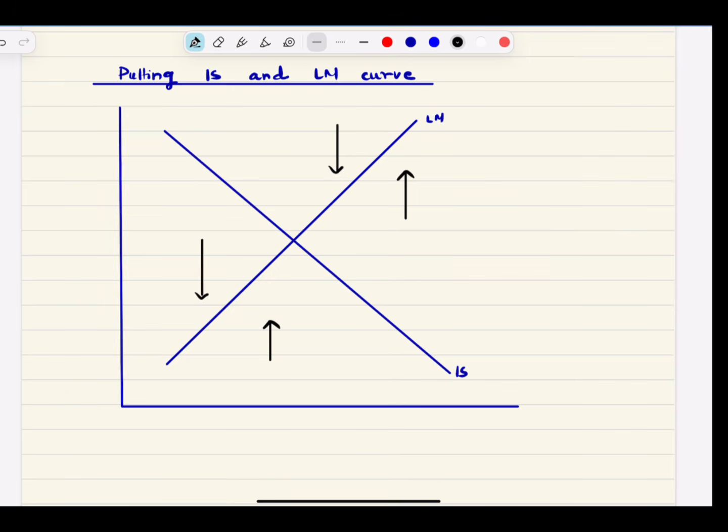For the IS curve, we said all points above the IS curve are going to give us a west, west, and all points below it are going to give us an east, east. So now we have the directions of movement, and now it's easy to see if the economy is converging or not.